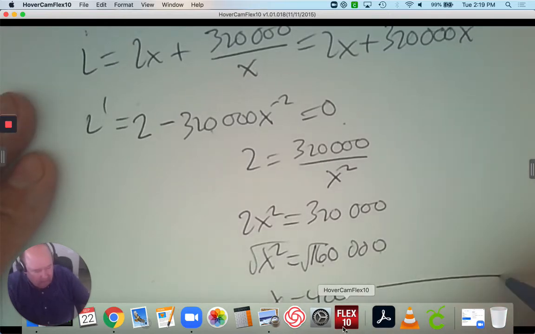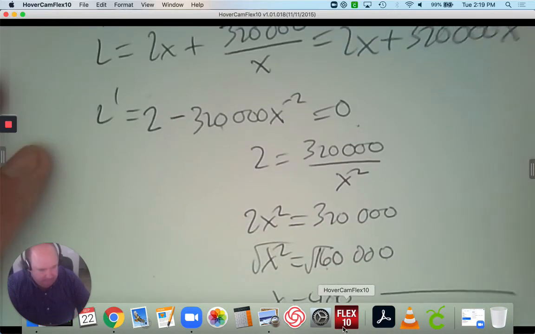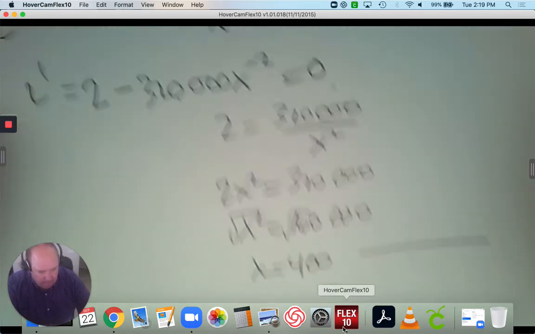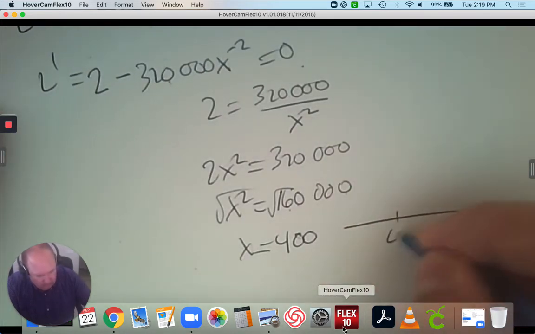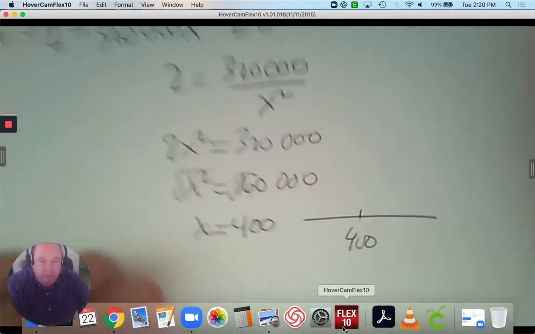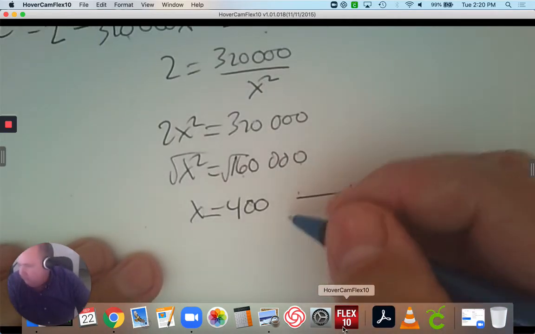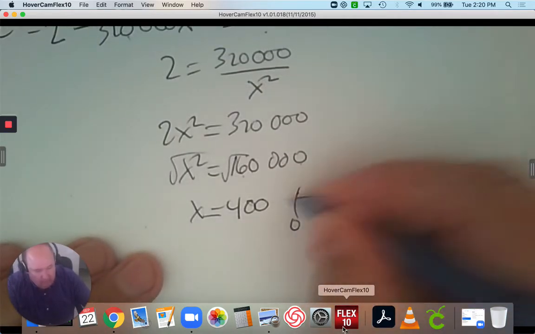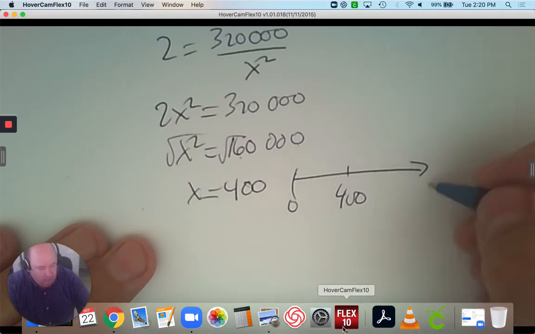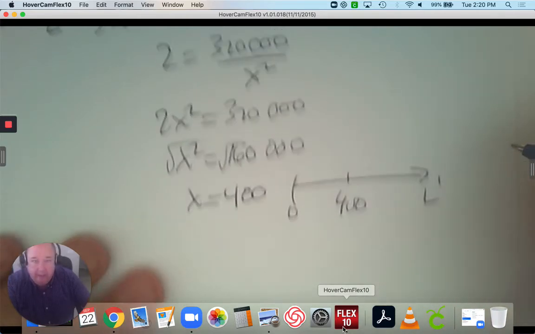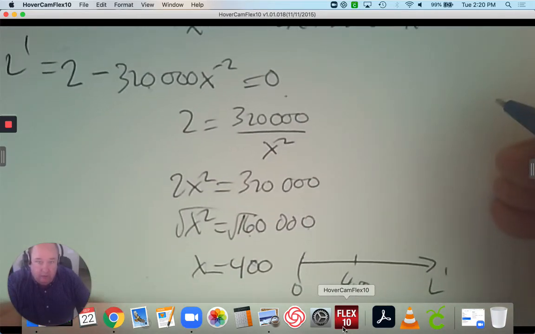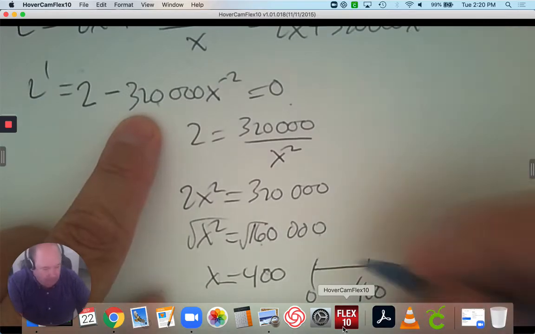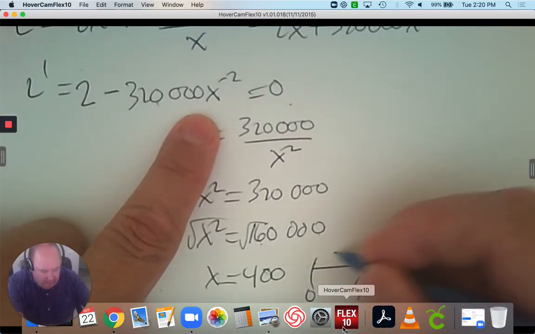Now I need to know if that is a minimum. So if I put in a number, remember it can't have a negative value. So this goes into the derivative for L. So if I plug in positive 1, you get a negative answer.